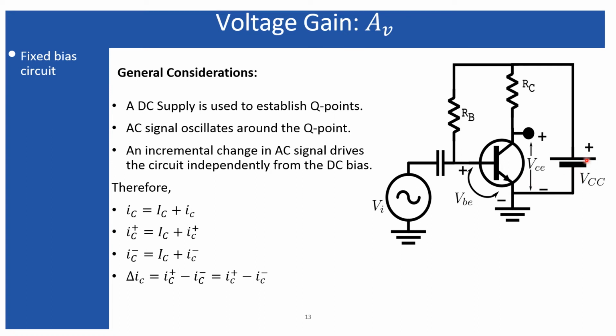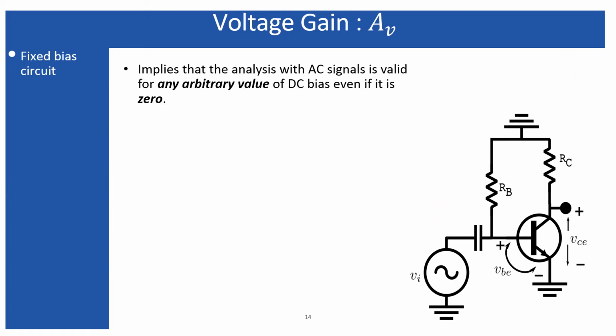That means if you consider VBB or any 5 volt, 2 volt, whatever value you consider for this DC voltage, it doesn't matter, because the incremental change is going to overlook the presence of any kind of DC signal. So therefore, in place of this VCC, if you consider even 0 voltage, that also will be overlooked by this AC signal, as shown in this diagram. If you consider the 0 potential instead of any finite value voltage, that also works.